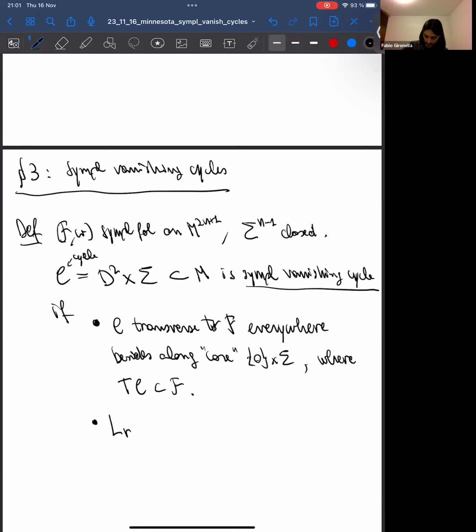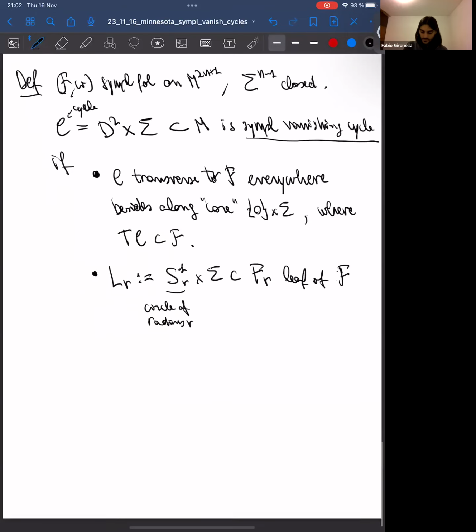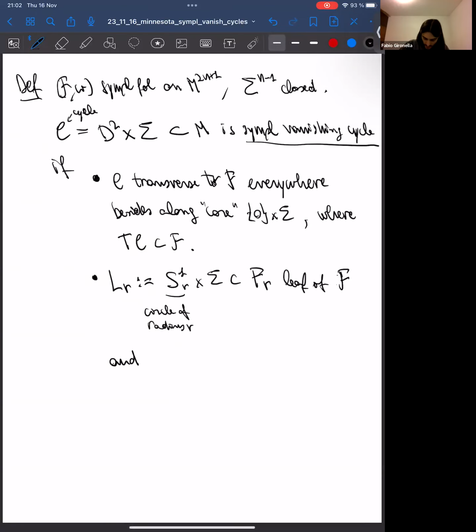So we consider L_R, some manifolds inside C of the form S^1_R times sigma. Recall this is the circle of radius R in the disk. We want it to be in a leaf, which I call F_R, where the R denotes the fact that it's the leaf containing L_R.